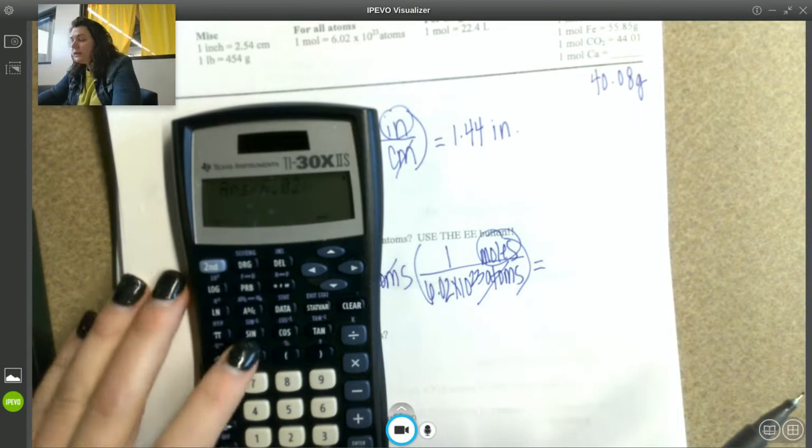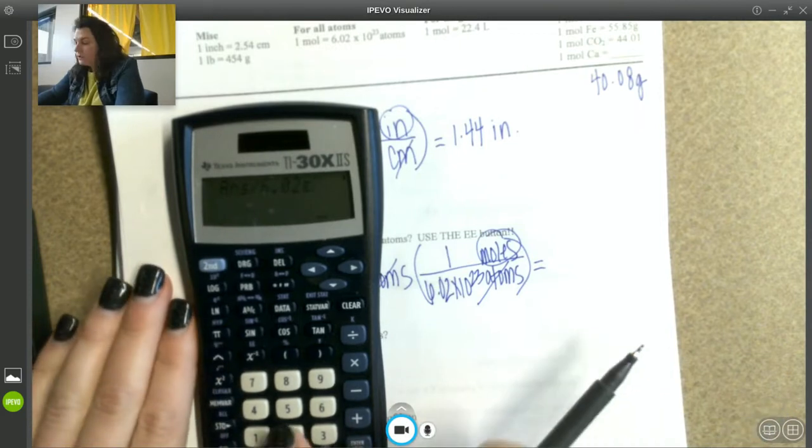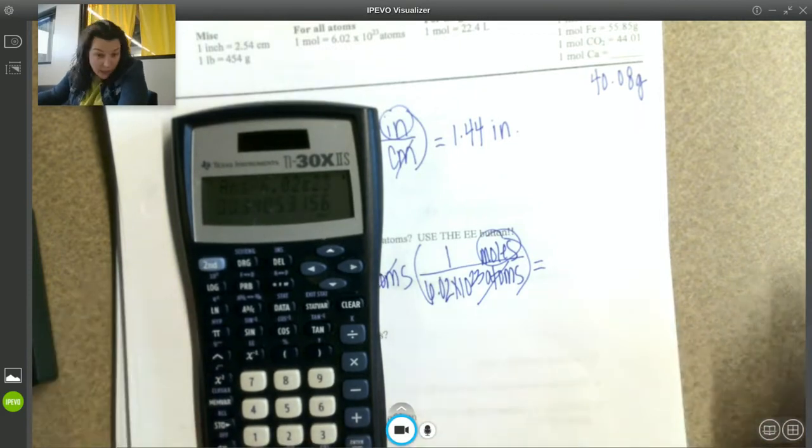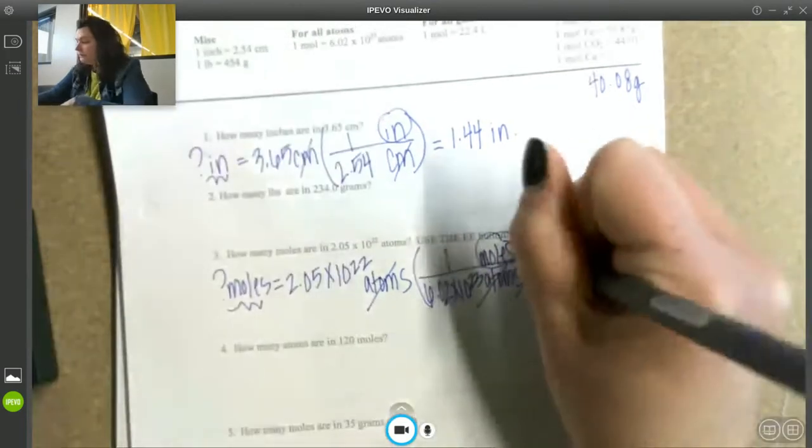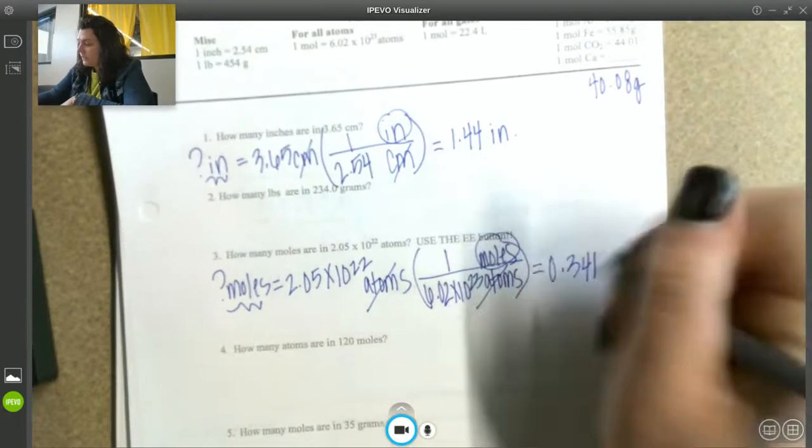You're going to do second E to the 23rd equals, and I need 3 sig figs, so this is going to be 0.0341. And that's moles.